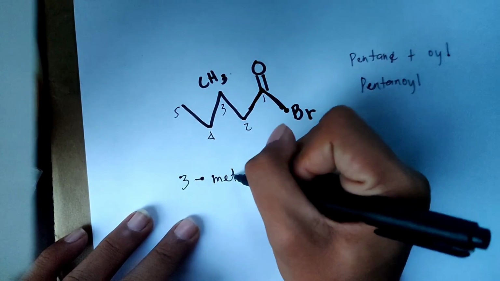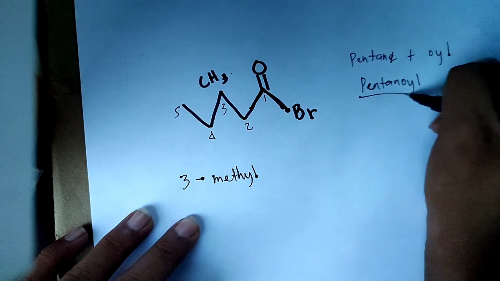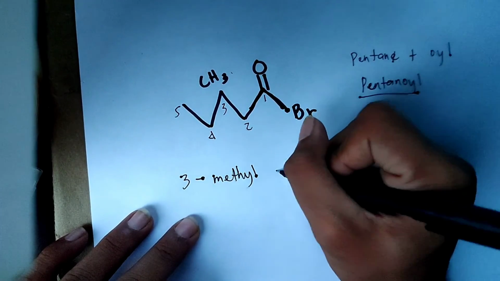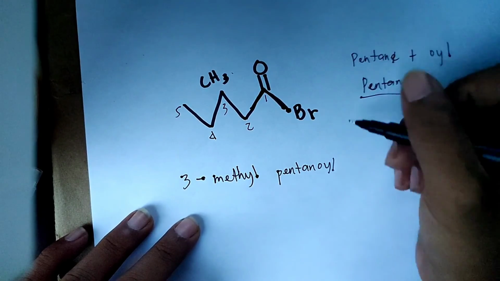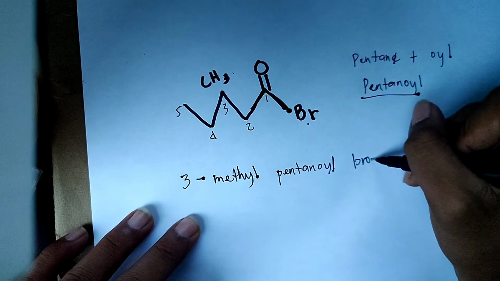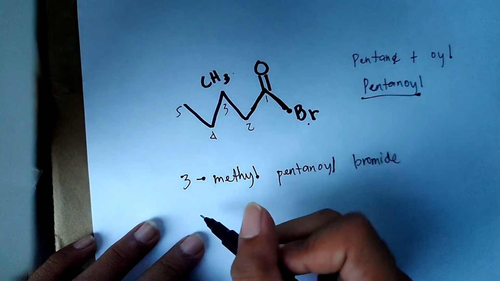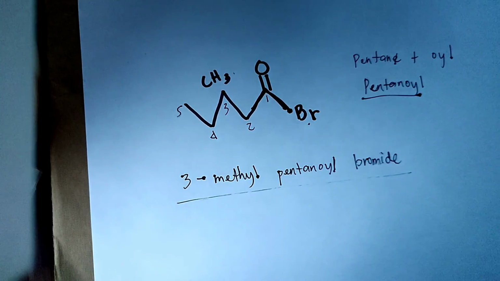Ilalagay natin itong pentanoyl. Ayan, pentanoyl. And itong bromine. Magiging bromide siya. Yan. 3-methylpentanoyl bromide. That's it.